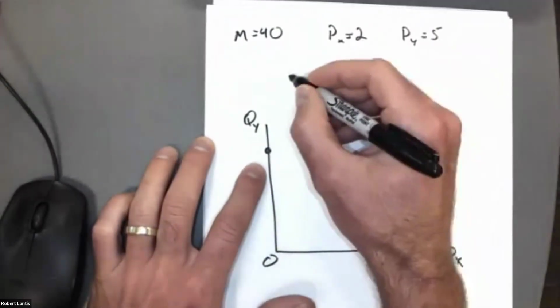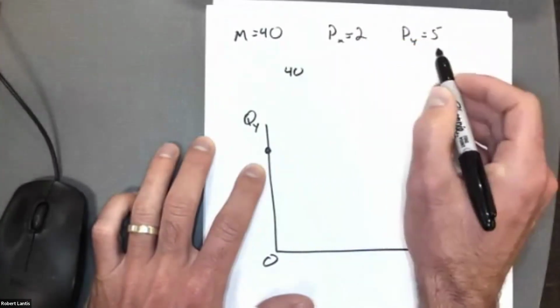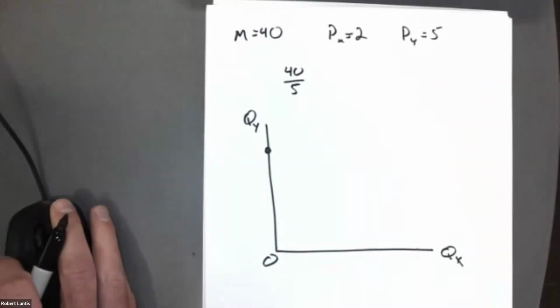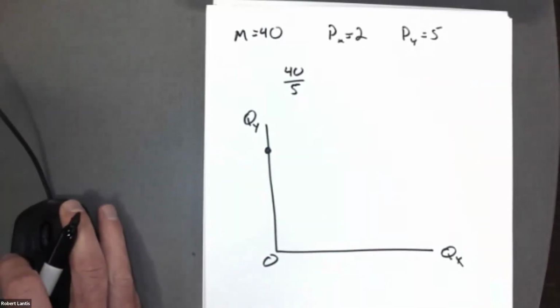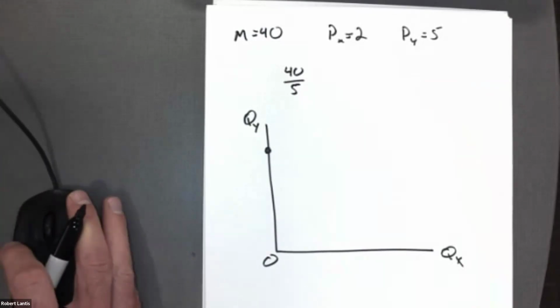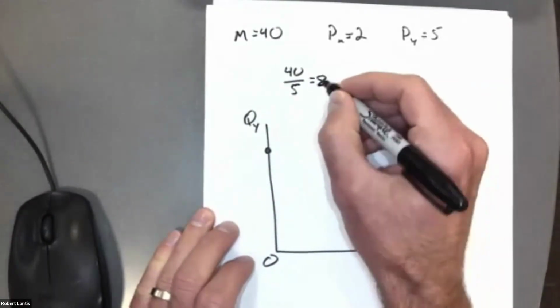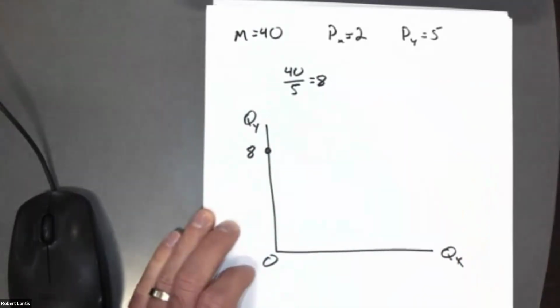Well, if I've got $40 and the price of Y is 5, let me make sure I got the prices matching up. I said the price of good X is 2. Yes, perfect. So I could afford to buy 8 units of good Y.